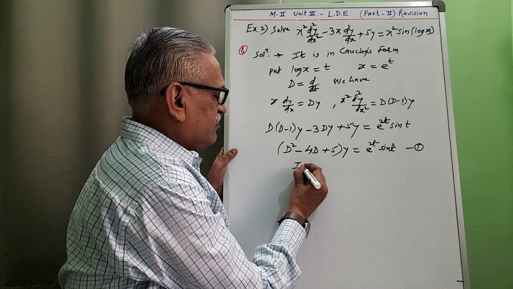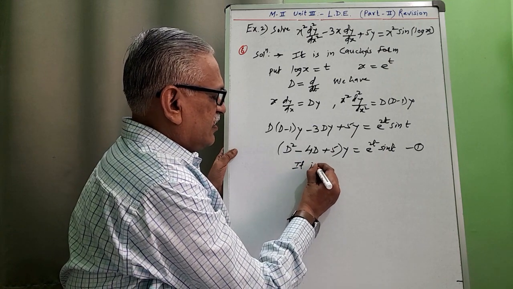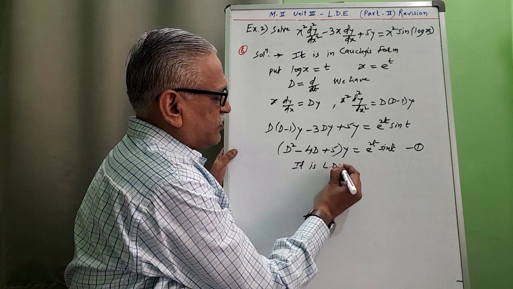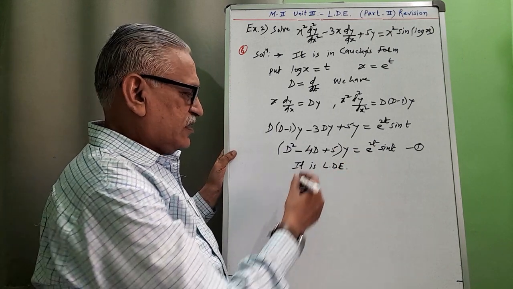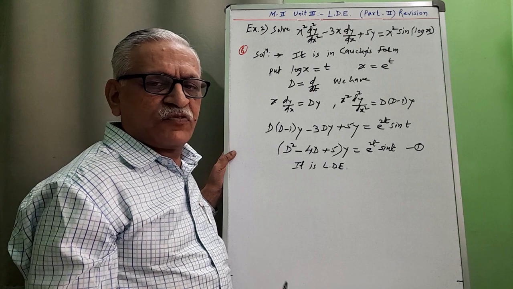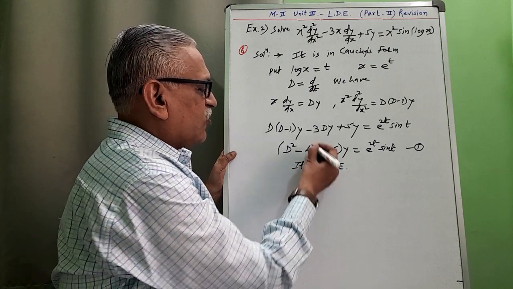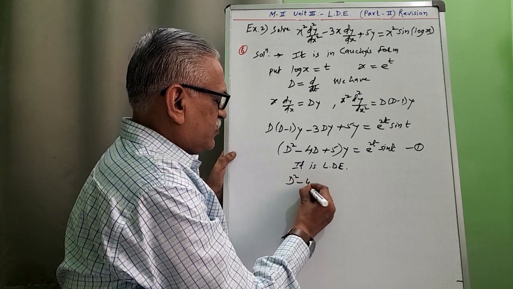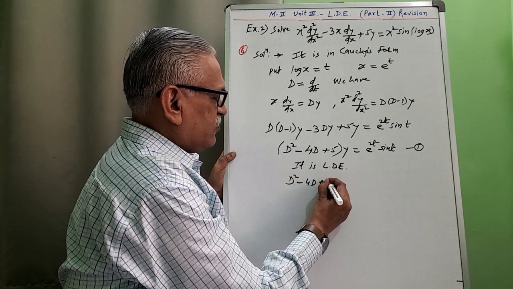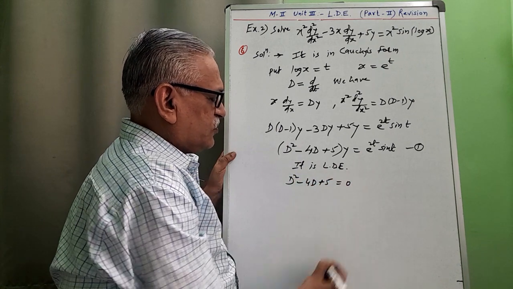It is linear in y. It is a linear differential equation with constant coefficient, and therefore we apply the steps to find the solution of this. The auxiliary equation is D square minus 4D plus 5 is equal to 0.